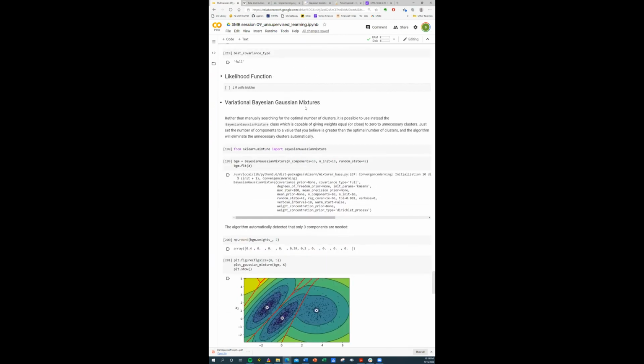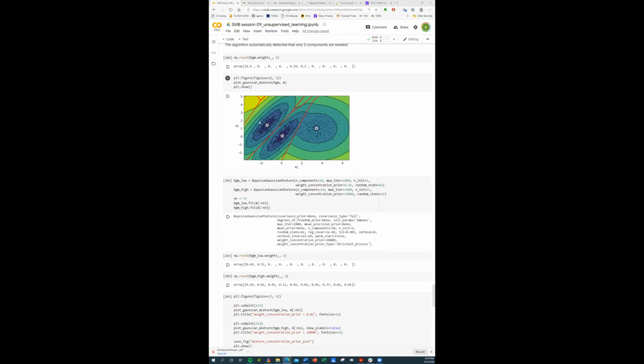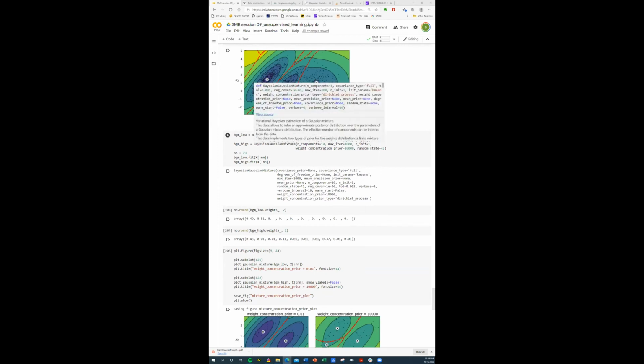So let's go back to the variational Bayesian Gaussian mixture. We have our plots. We have our decision boundaries. He has a BGM low and a BGM high variant.